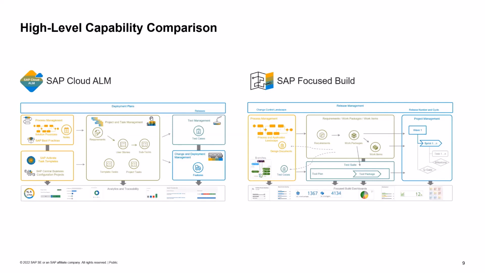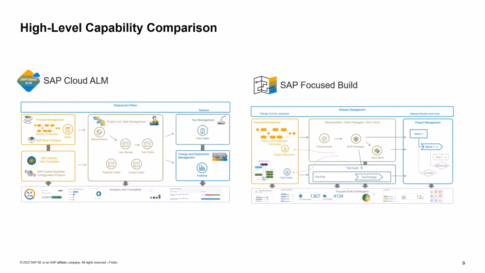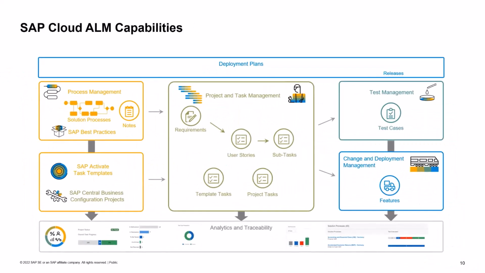So let's start with SAP Cloud ALM. On a high level, we can say, good for the design phase here in this yellow part. We have process management, we have predefined solution processes, we have best practices, which we can easily select.